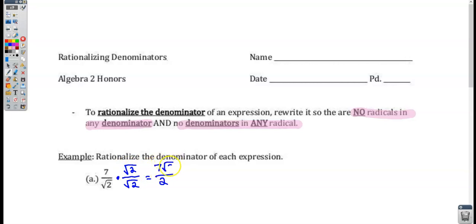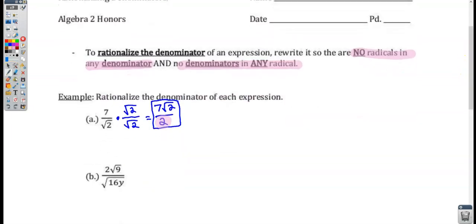And so this simplifies to 7 square root of 2 over 2. And now my denominator is rationalized because there's no square root here in the denominator. And you see there is a radical in this problem. There's no denominator in that radical. Okay, let's go ahead and move on to part B.